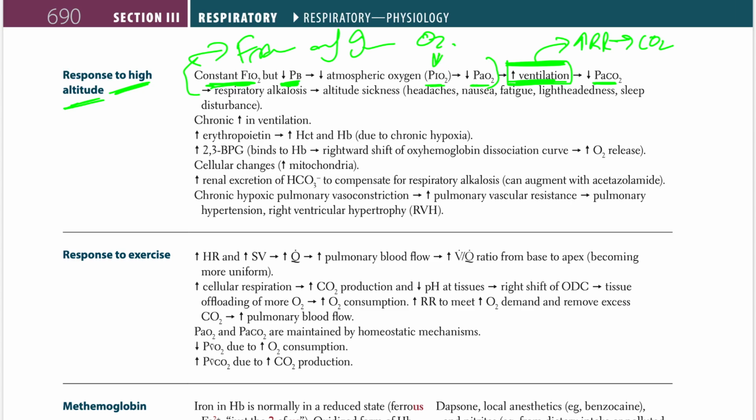CO2 is acidic, it is an acid. So when the acid goes out, guess what you're left with? You are going to cause alkalosis.